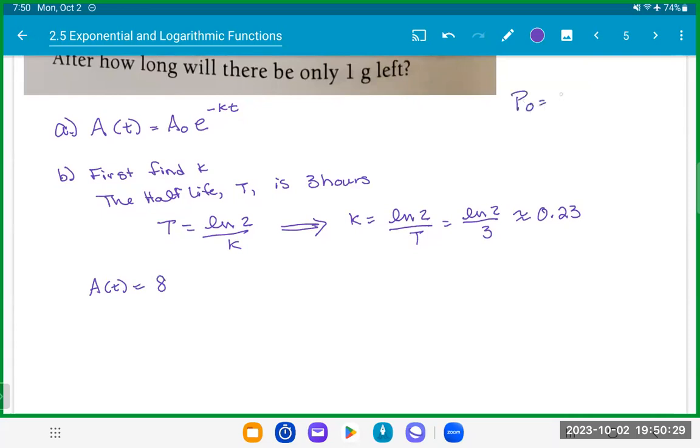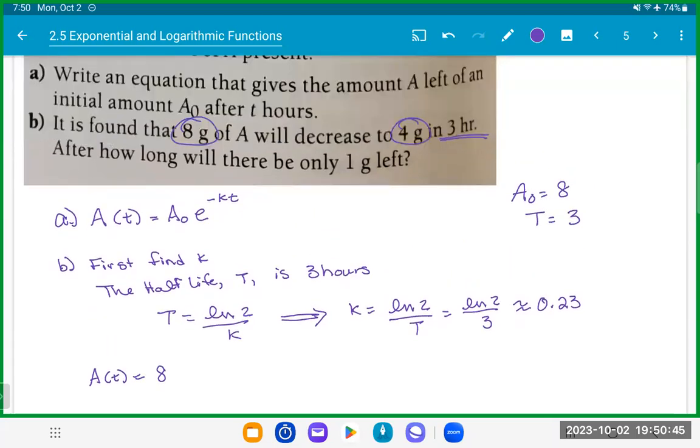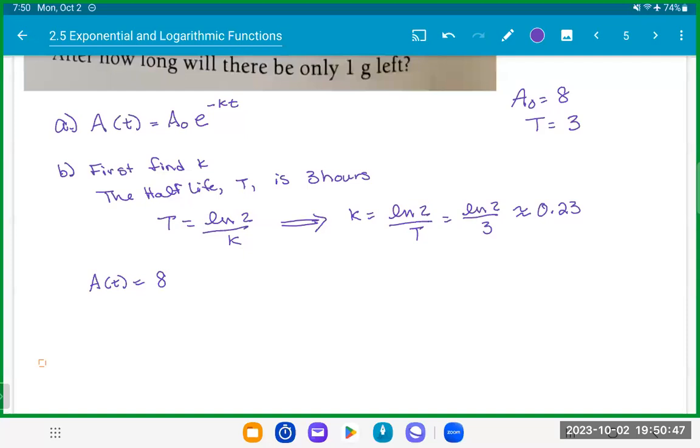Okay, so if I have that, then I know that A of t is equal to my initial, right? P naught, or we're calling this one A naught, is equal to 8. We knew that T was equal to 3 because it gave us that in this problem. So we have 8 times e to the negative 0.23 t.